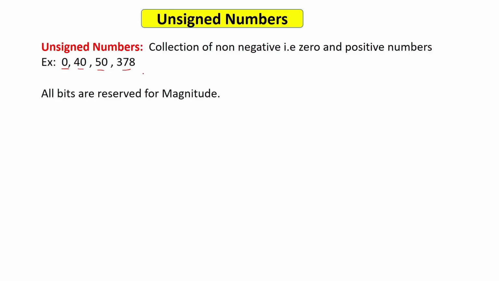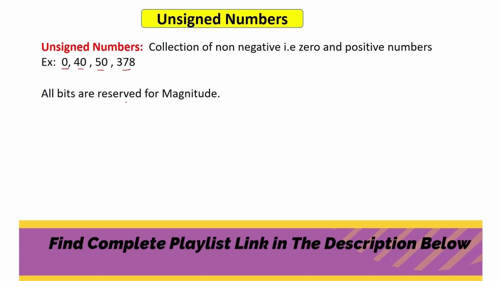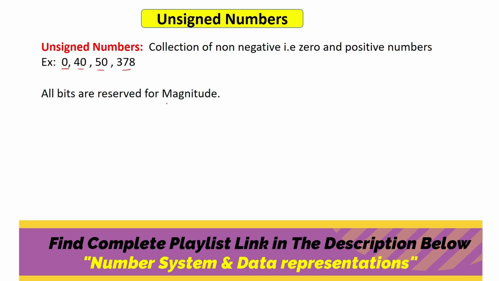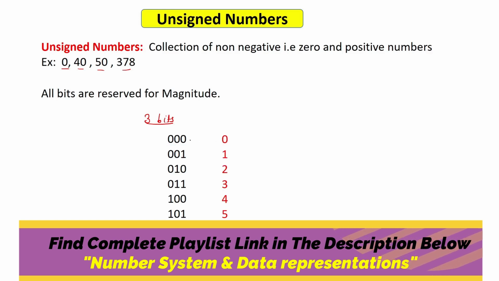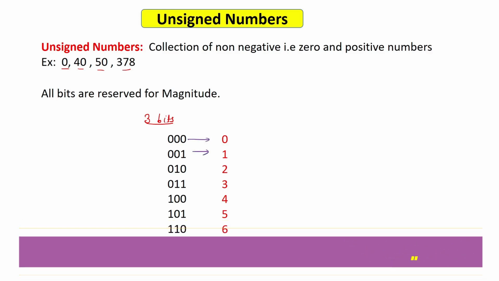And if we talk about their binary representation, then all the bits in the unsigned number representation are reserved for the magnitude. As we had seen, let's say we are having 3 bits. In 3 bits, we can represent 8 different numbers from 000 to 111. If we convert them to decimal, this is 0, this is 1, and so on. This triple one is 7.